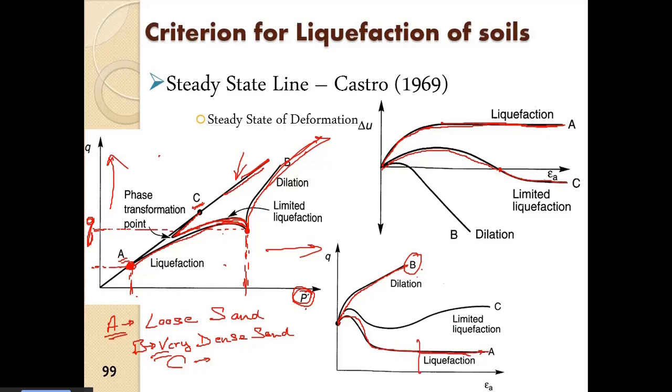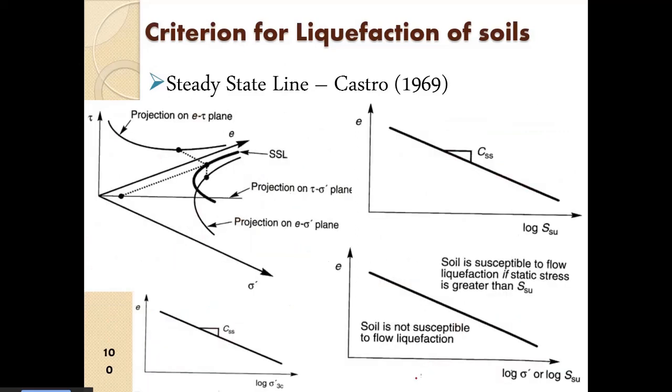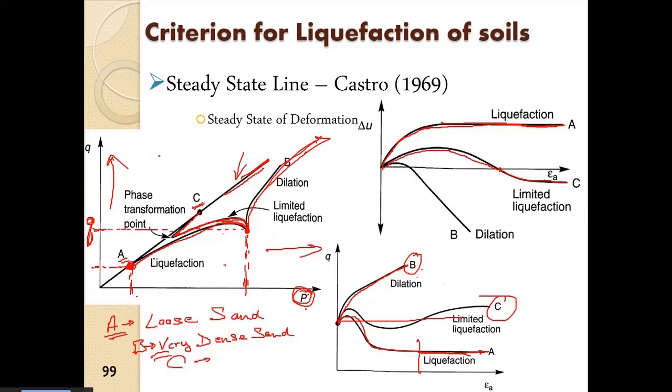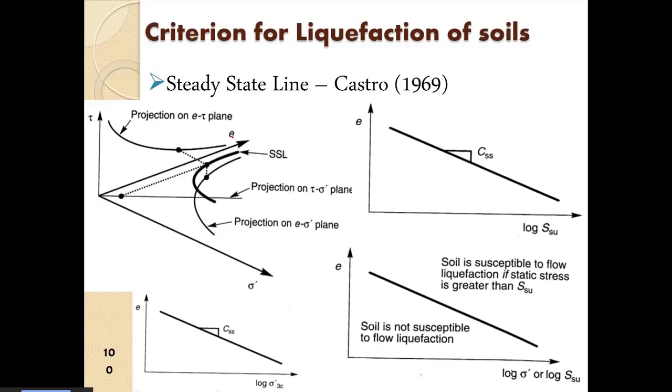And then we have the limited liquefaction of sample C. So what he did is he obtained these points over a series of tests for different confinement, different deviatoric load and different void ratio, and he developed the steady state line.